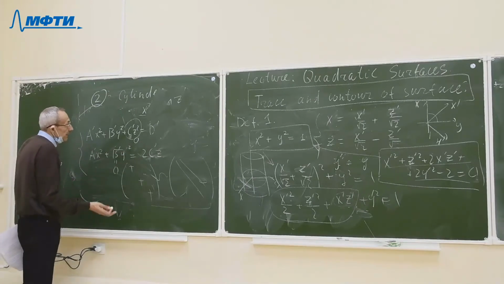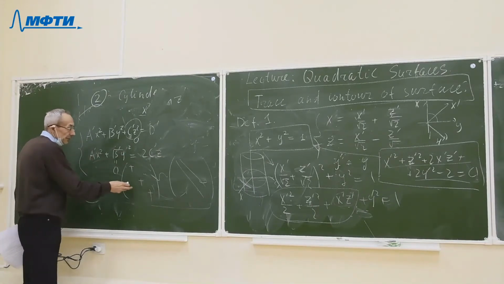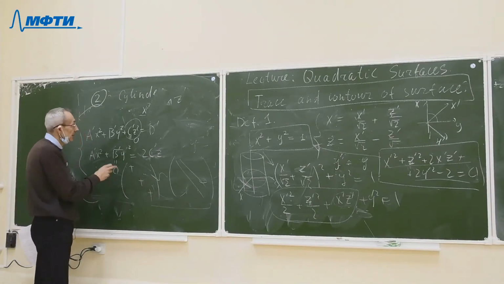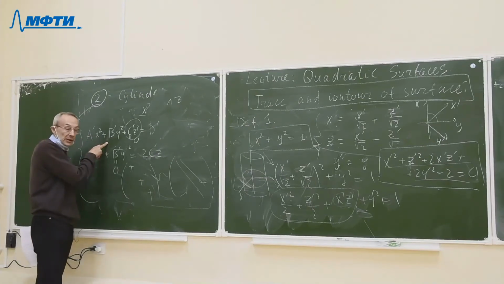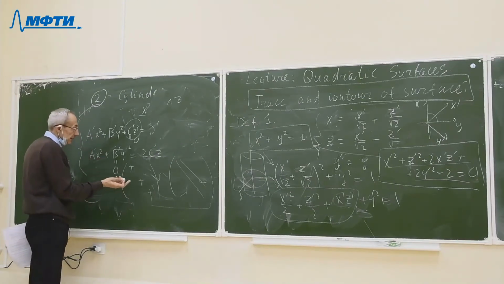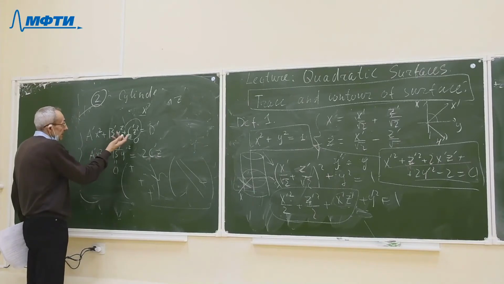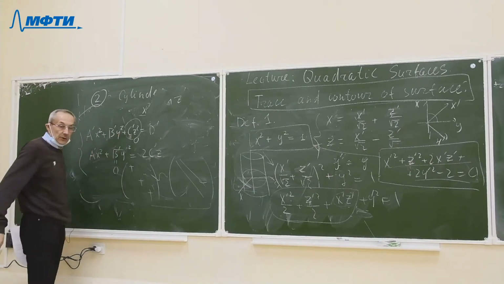If these elements are non-zero, we obtain the second standard form. How do we know these elements are not equal to 0?